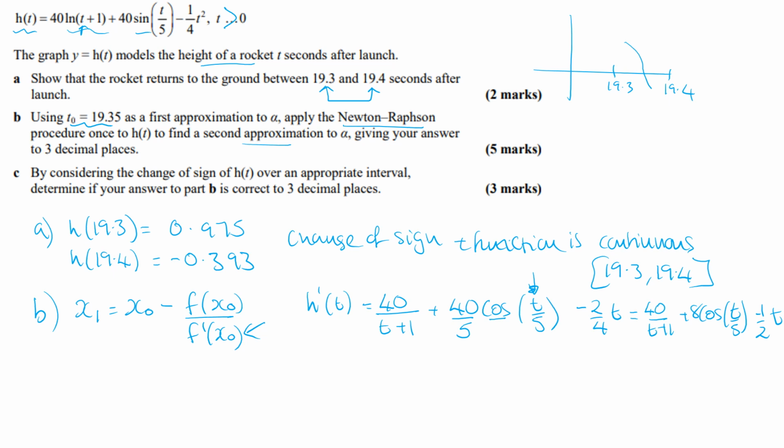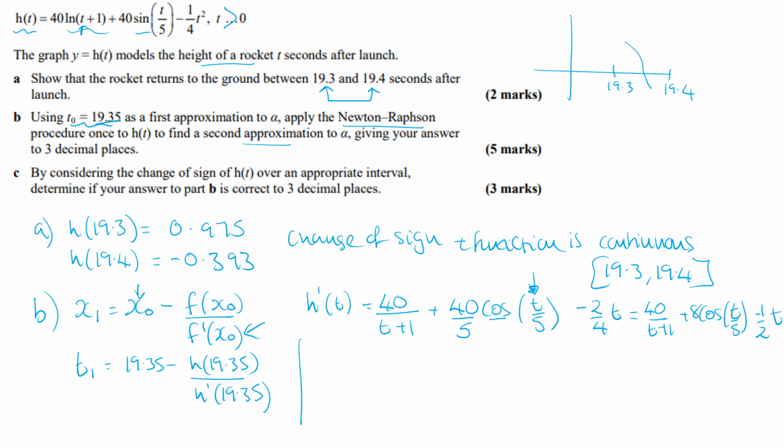Now being asked to put t naught, which is going to be our x naught, as 19.35. So t1 will be 19.35 minus h of 19.35 divided by h dash of 19.35.